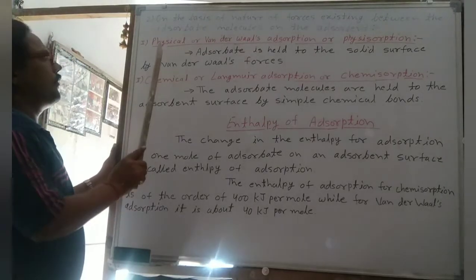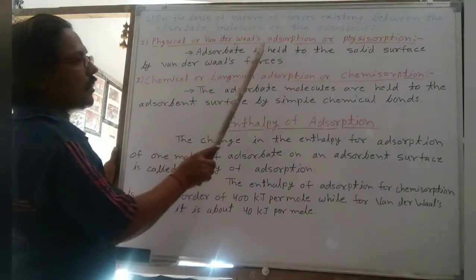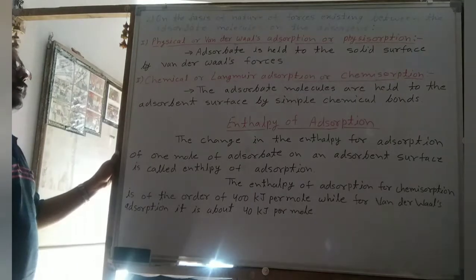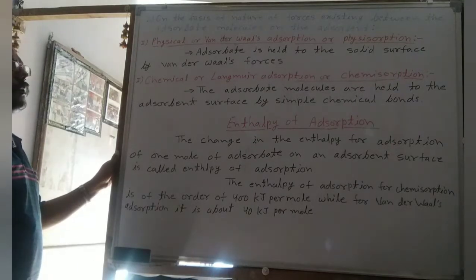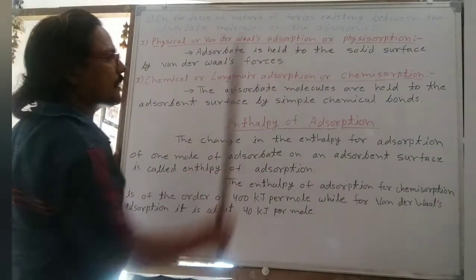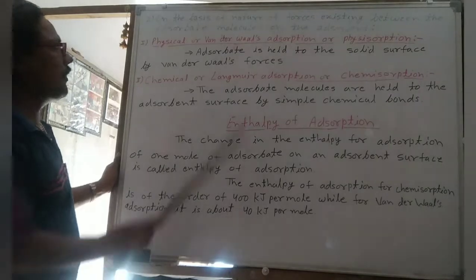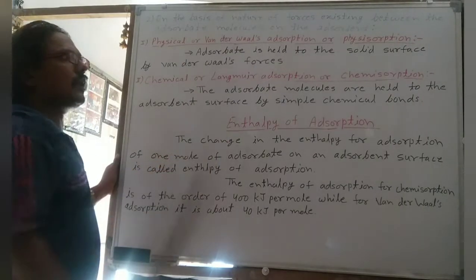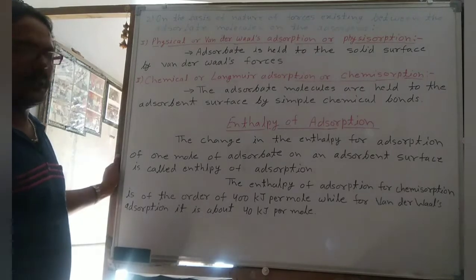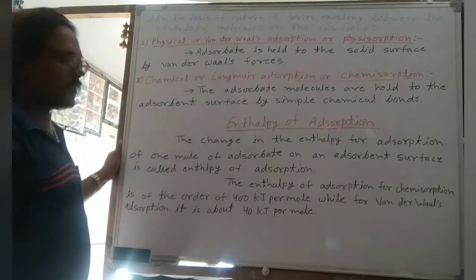First is physical adsorption or van der Waals adsorption or physisorption. In this type of adsorption, the adsorbate is held to the solid surface by van der Waals forces. So if the adsorbate is held to the solid surface by van der Waals forces, then adsorption is called physical adsorption.